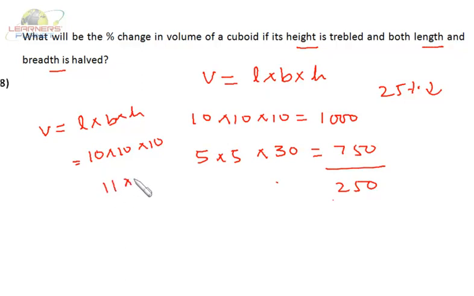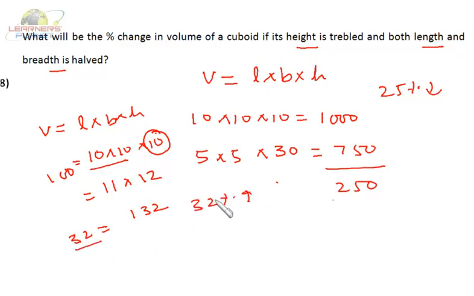The change in breadth is an increment of 20%, so the new breadth is 12, and height is not changing. So the net change is from 100, and it is 132. Okay, so the net change is 32% up.